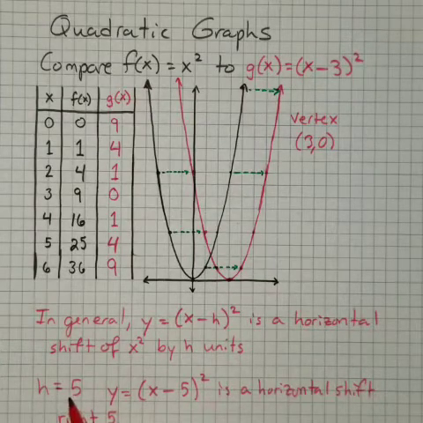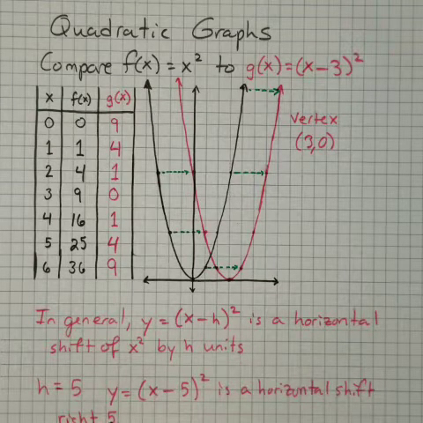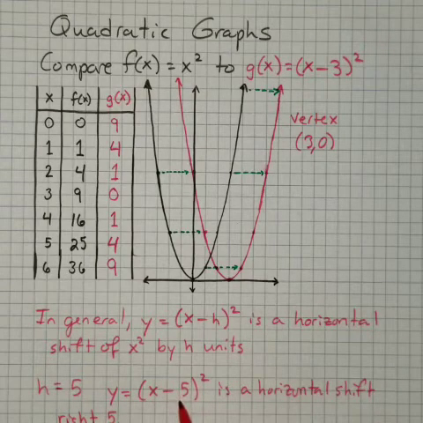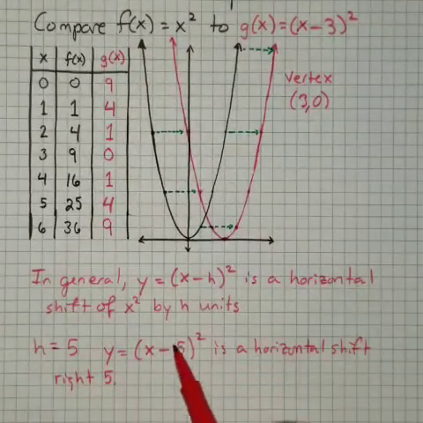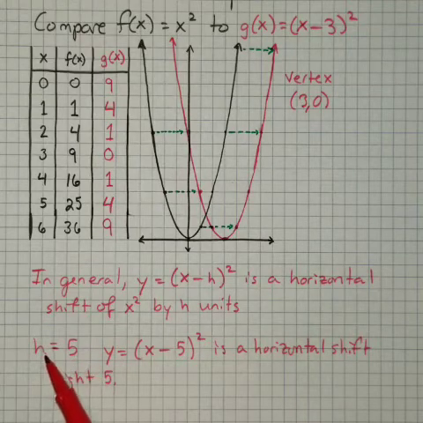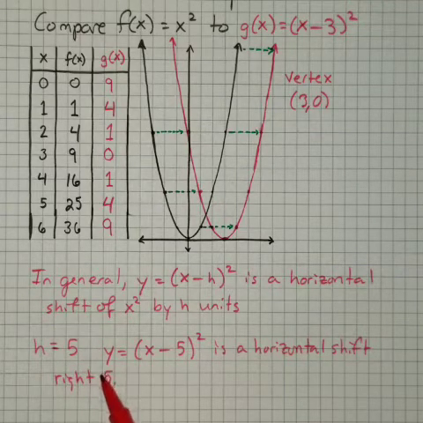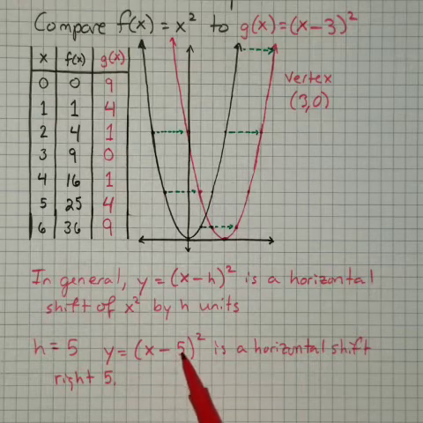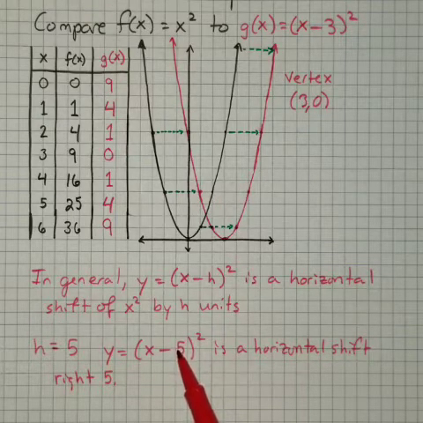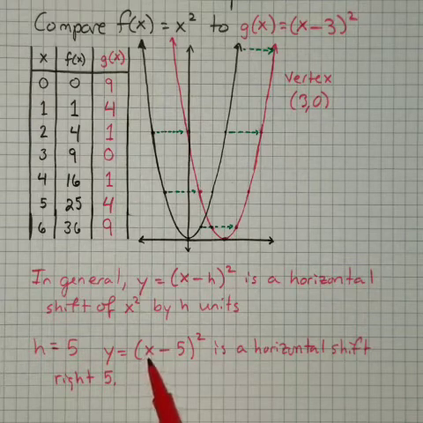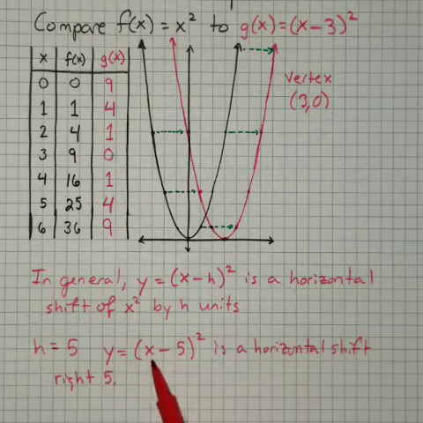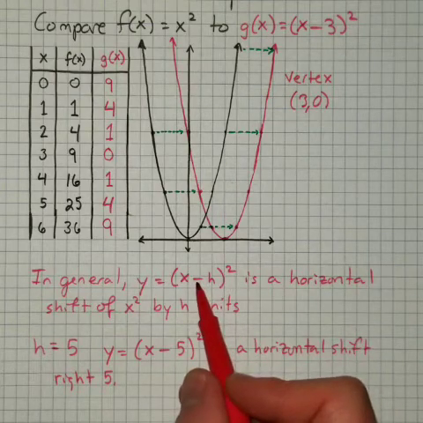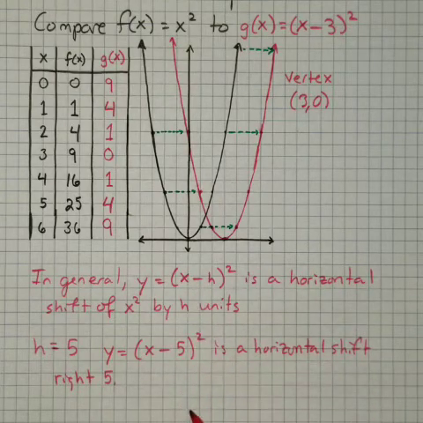Notice that my h value is the shift, but the h value has the opposite sign of what's in the parentheses. The h value is 5, it's positive. That gives you the right shift 5, but it's the opposite sign of what's in the parentheses. The h is actually what you're plugging in, and then using the negative on it.